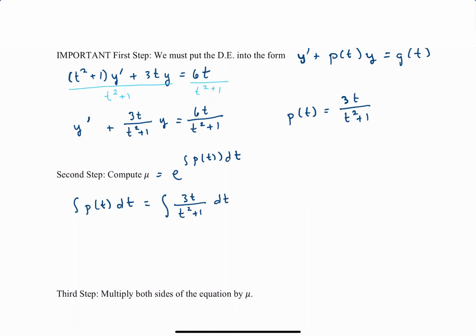I'll need a u substitution. So let's let u be t squared plus 1. Then du would be 2t dt. So I see that what I'm going to put in for the t dt is 1/2 du.